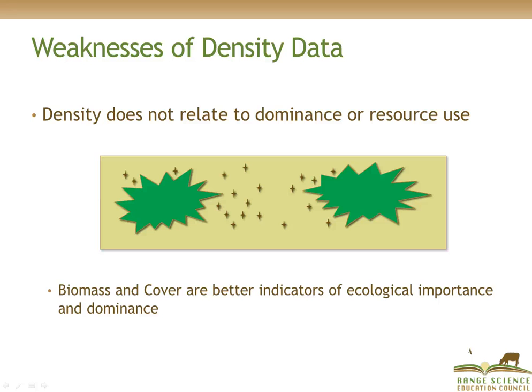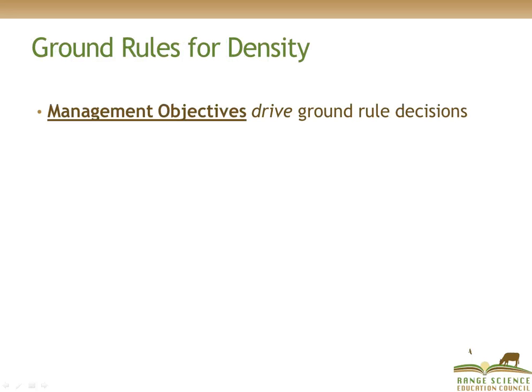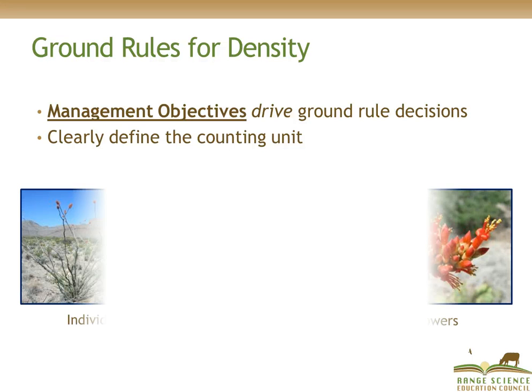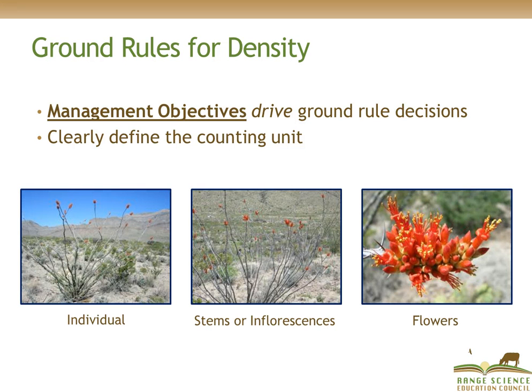Now, whenever we're going to be measuring density, we always need to consider ground rules. That's true for all of the attributes that we measure. And primarily, our management objectives drive our ground rule decisions. One of the important ground rule decisions that we need to make when we're concerned with density is to clearly define the counting unit.